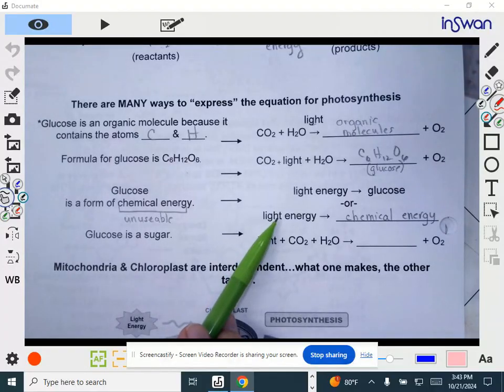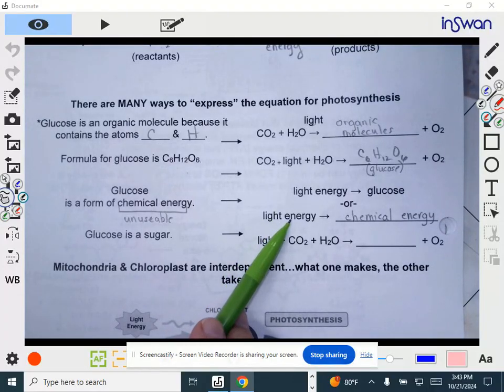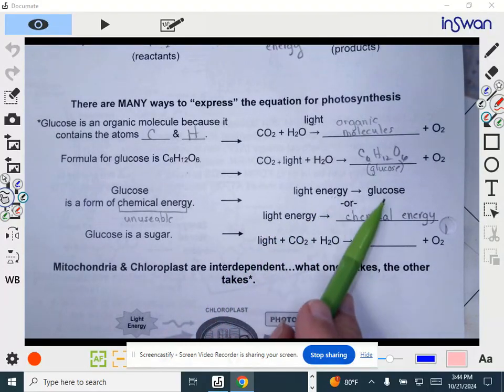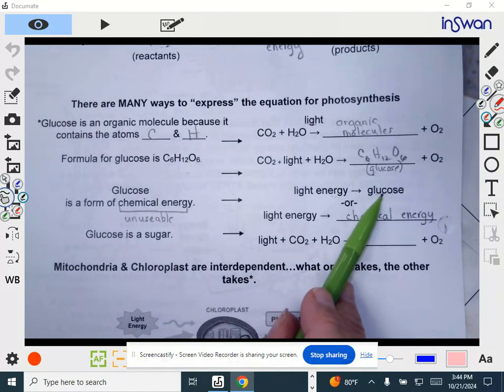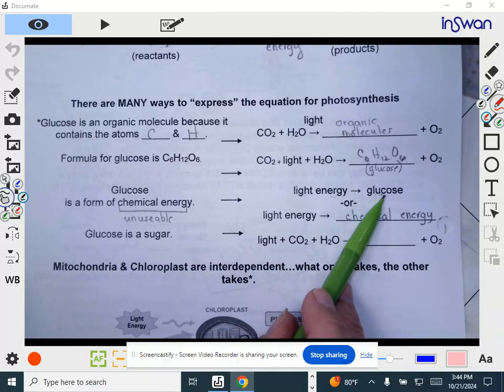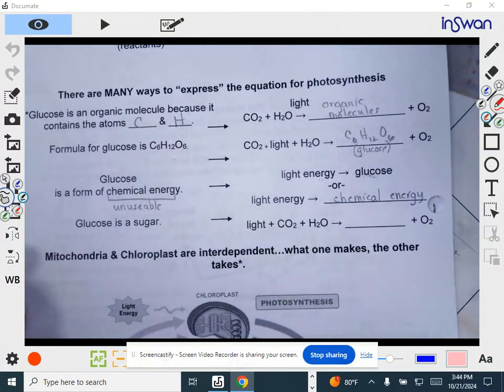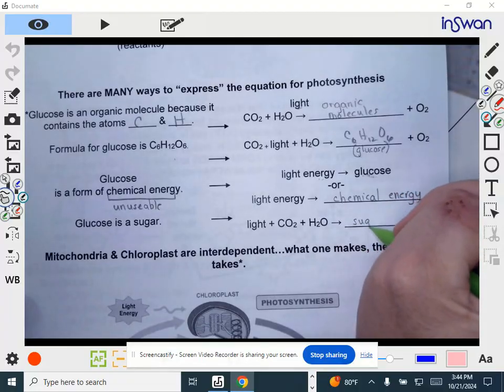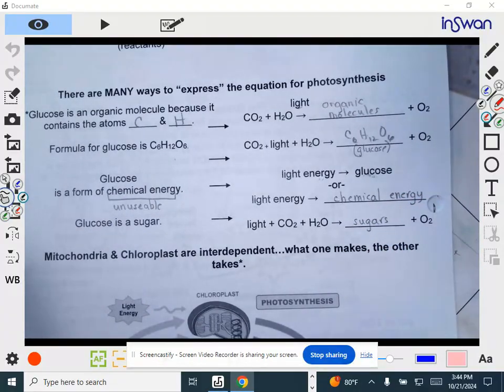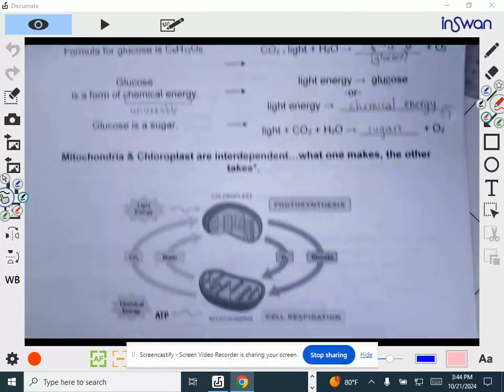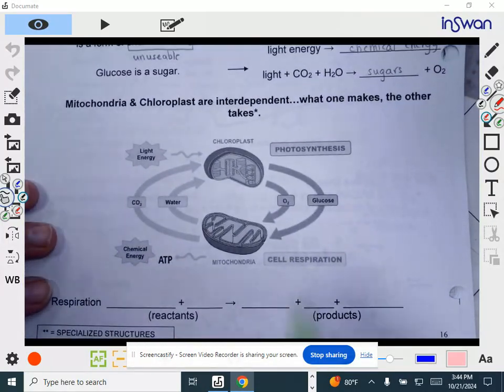So plants in their chloroplasts are able to take light energy and then take that energy, and when they build that glucose and those bonds form between the C, the H, and O, then we're storing energy. And anytime we have a molecule that's storing energy, we say it's a form of chemical energy. And then also remember, glucose is a sugar. So I can show this equation and I can write sugars in here, and you should be able to recognize it's still photosynthesis.